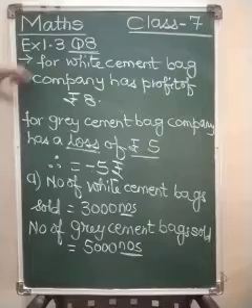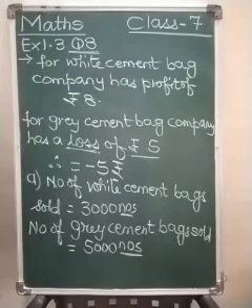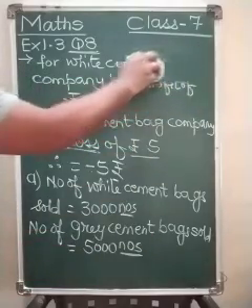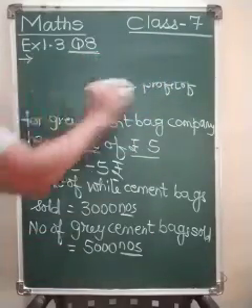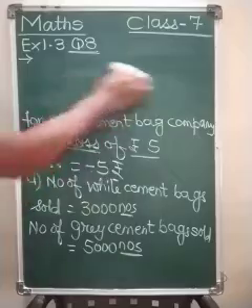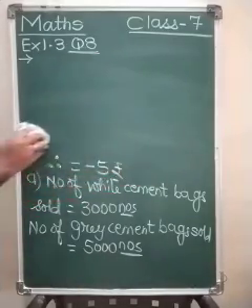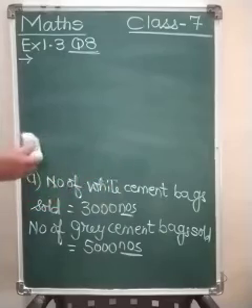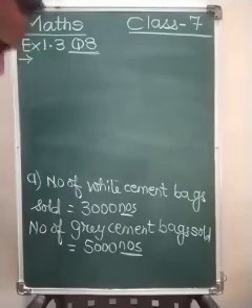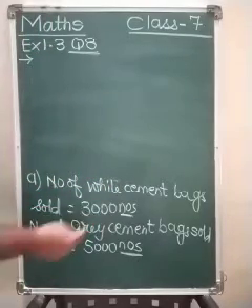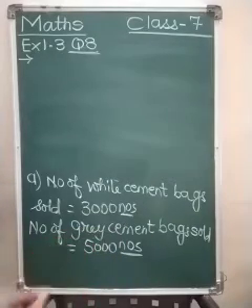Okay, I will rub out the top part, then we'll proceed. Now, for white cement, 3,000 bags are sold, 8 rupees is the profit. How many rupees has the company earned?